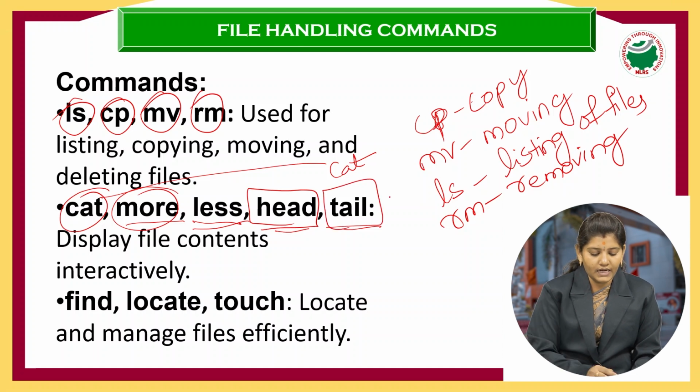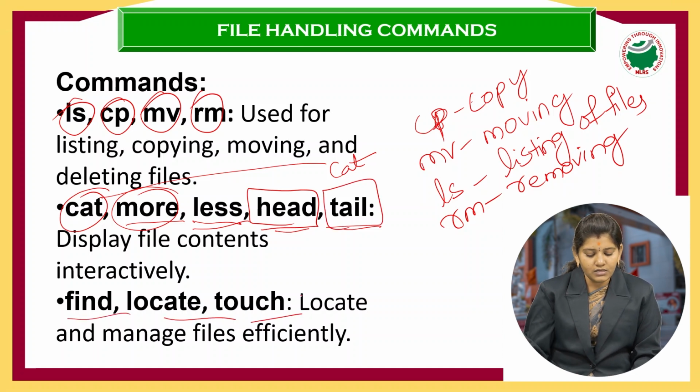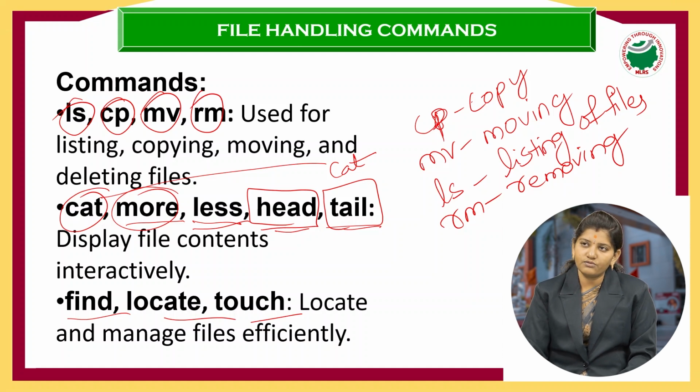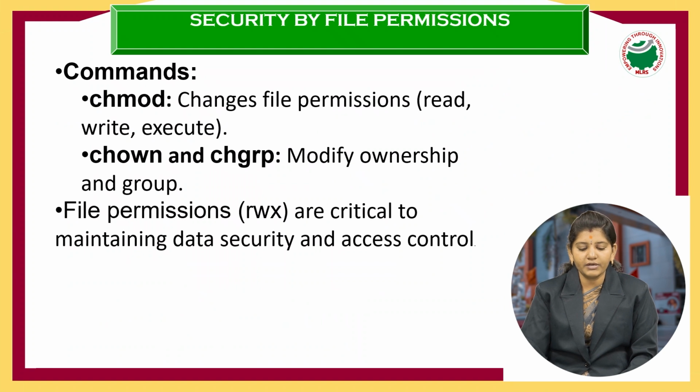And find, locate, touch: these three commands are used to manage files efficiently, like where the file is placed and how it is stored. Coming to security by file permissions, this is the second Linux utility.